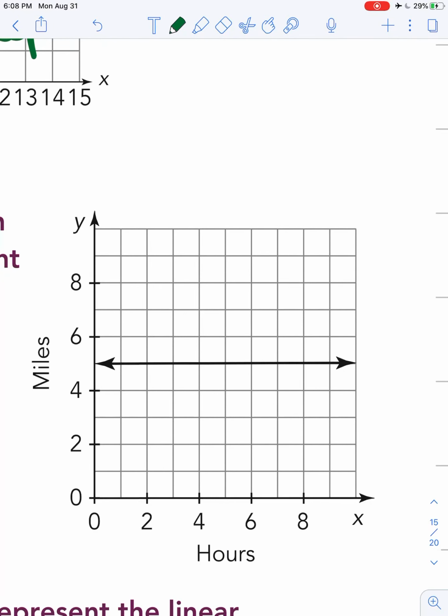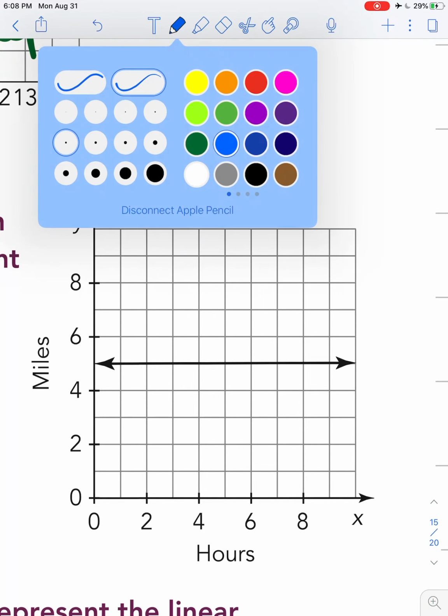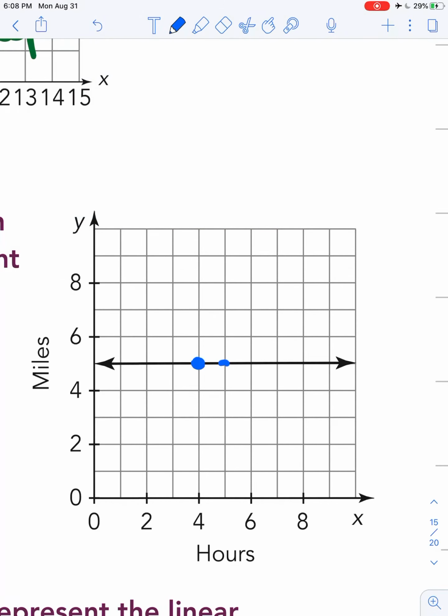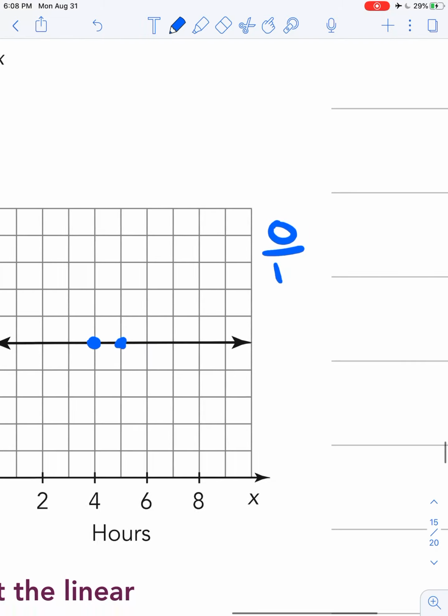This one, we need to find the slope of the line. While finding the slope, we're supposed to figure out how high up I go before I get to that point. If you notice, I didn't actually go up to get over there. So that means it's 0 over 1.